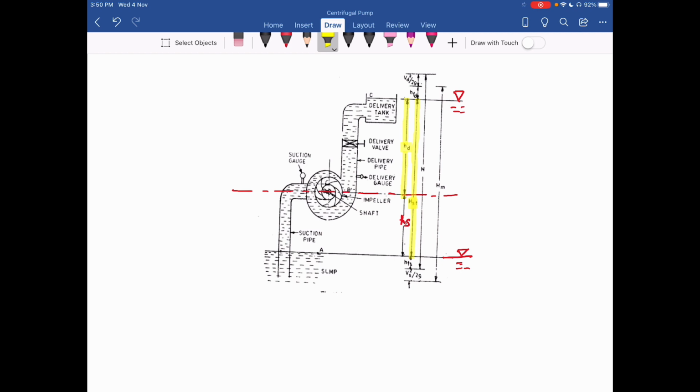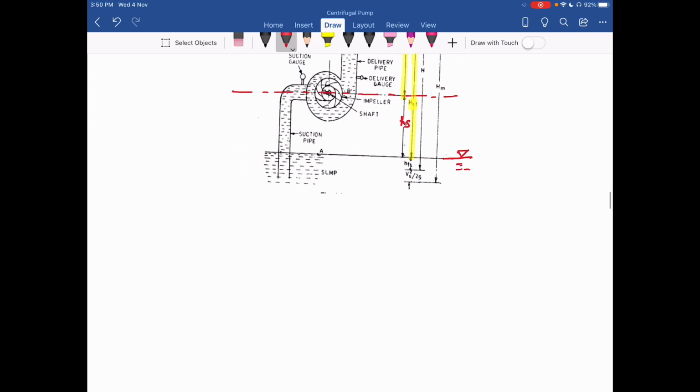Okay, then the second head in the centrifugal pump is the total head. Now it is the head which has to be developed by the pump to deliver the water from the sump into the tank.